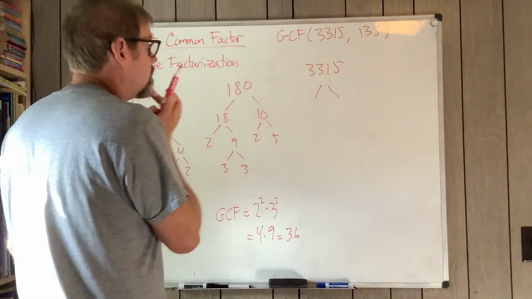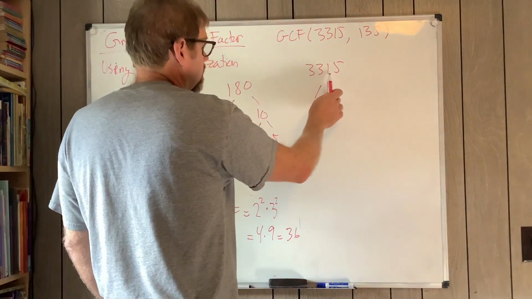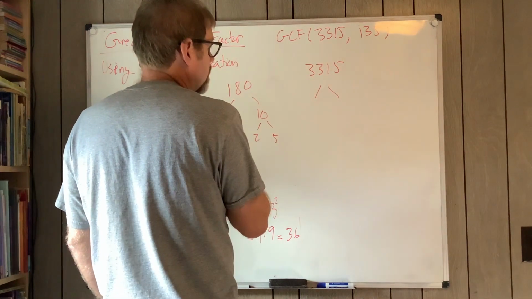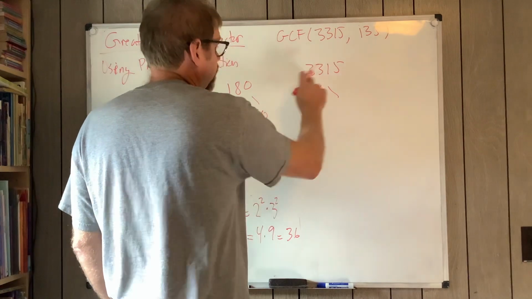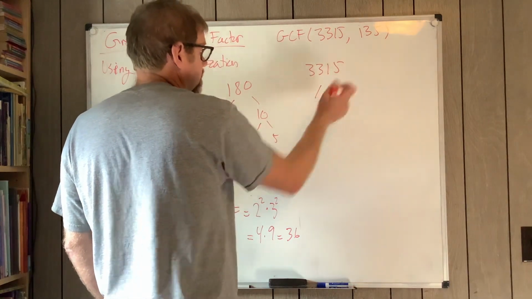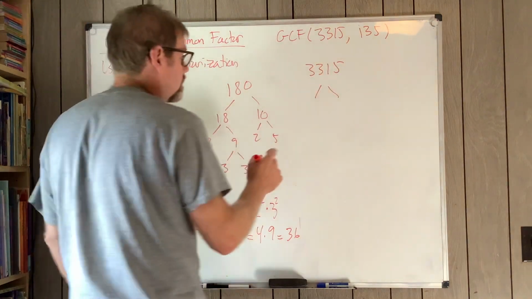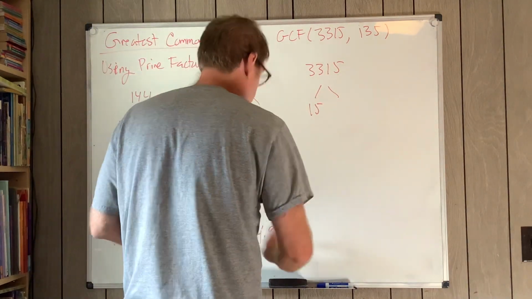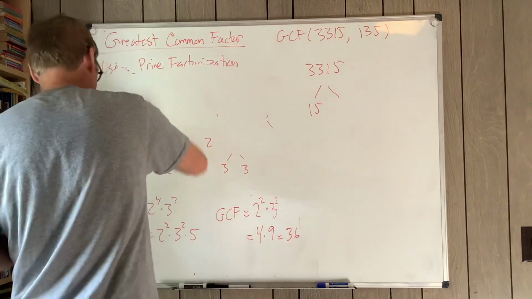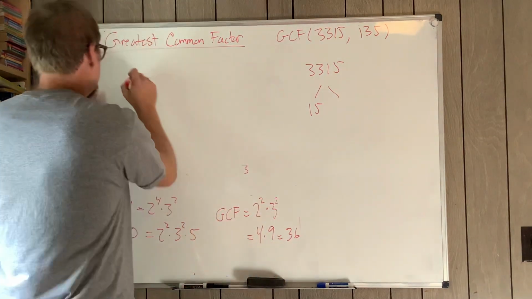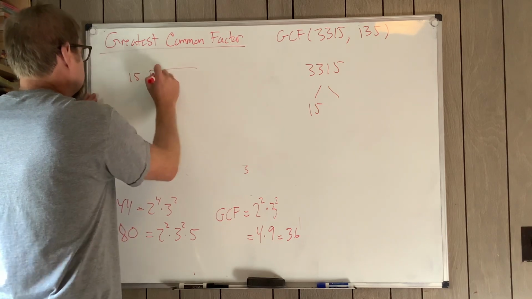One thing I might note is that it's definitely a multiple of 5. It's also a multiple of 3, since 3 plus 3, 1 and 5 add up to 12. So that's a multiple of 3, so I know 15 is one of those. Let's look at what the rest of that is.